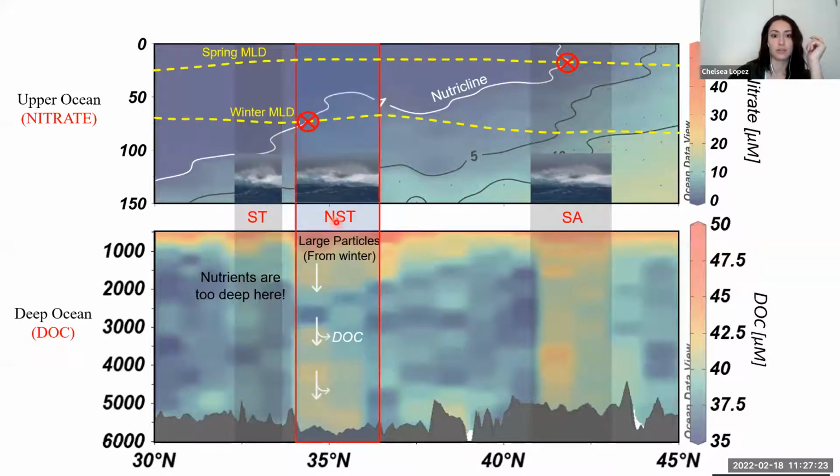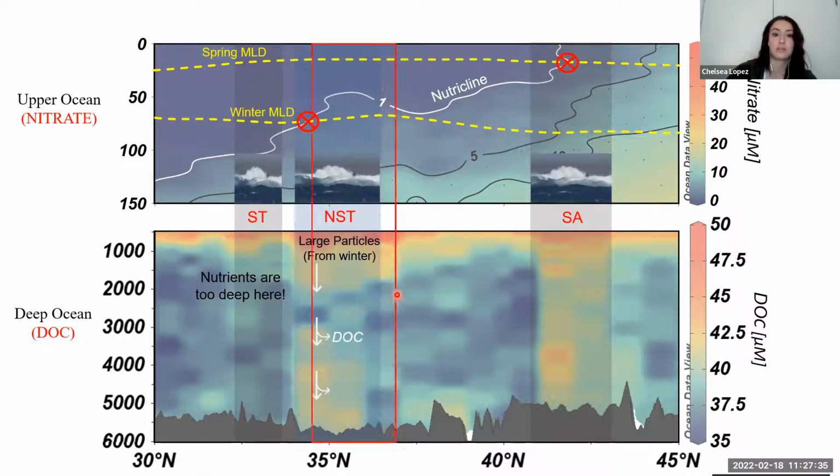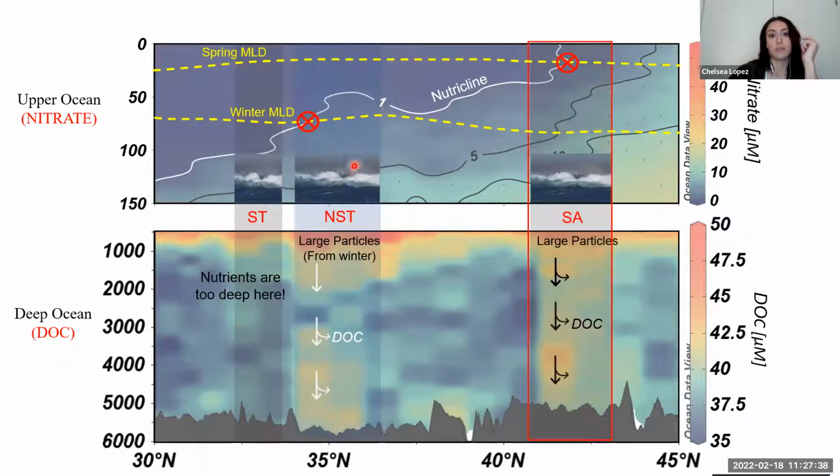And then in your Northern Subtropical Front, you have enough nitrate nutrients to support life here during winter, export those particles that release DOC, but you don't see the particles in springtime because the winter mixed layer shoaled. And then here you have both wintertime crossing the nutricline, so enough nutrients in winter, enough nutrients in spring. You're getting all those particles coming down, and then we have evidence of it releasing DOC in that way.